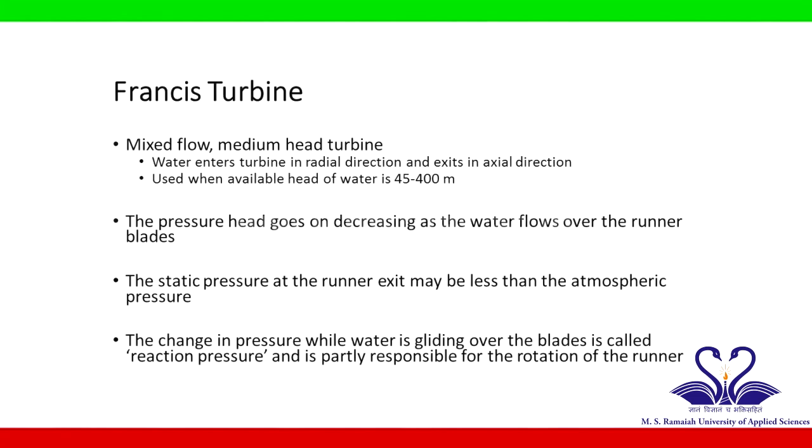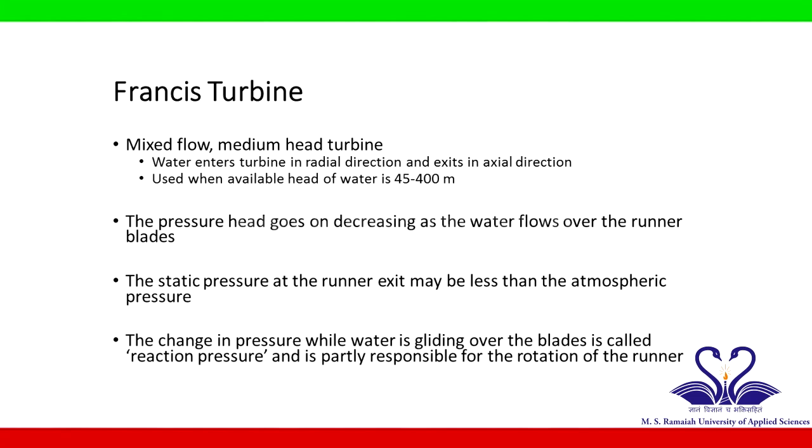Francis turbine is a mixed flow medium head turbine. In this turbine, water enters in radial direction and exits in axial direction. These turbines are used when the available head of water is 45 to 400 meters.